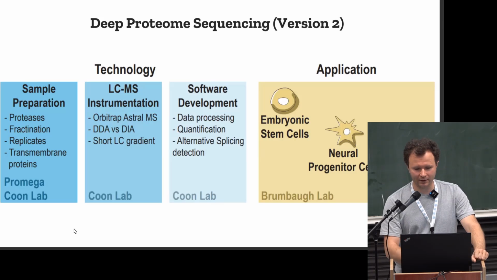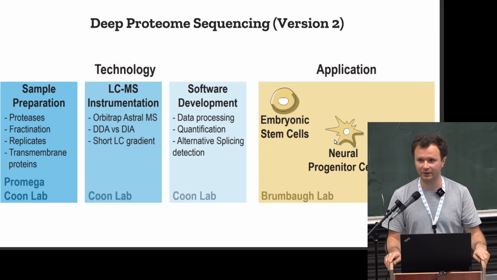So in version 2, we decided to combine the power of different groups. We decided to improve sample preparation, LC, MS instrumentation, and software development. And at the end, we came up with the idea that we would like to study embryo development. We know that during embryo development, splicing is going on, especially alternative splicing.